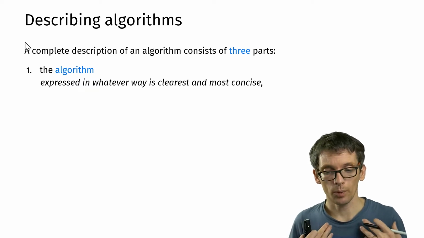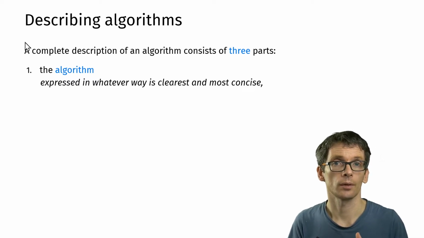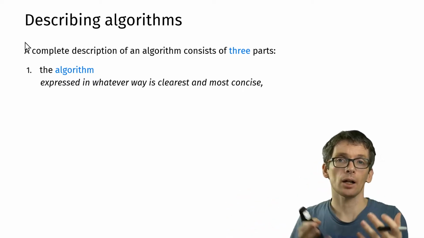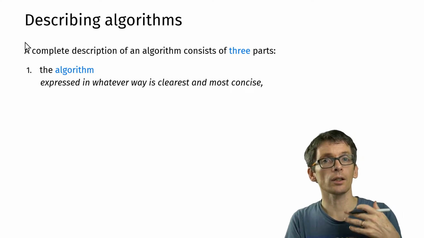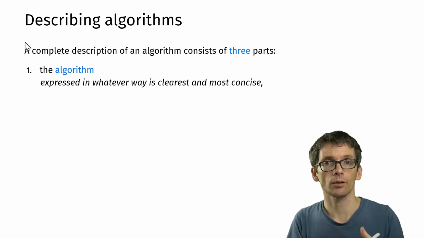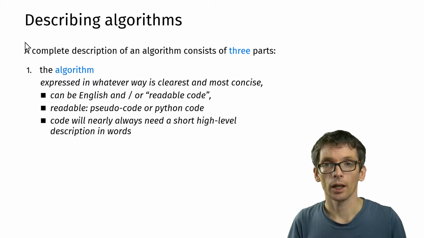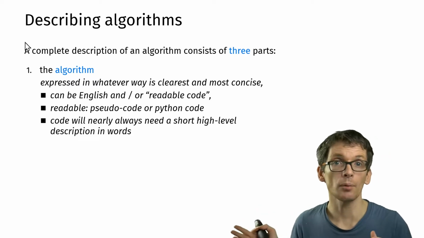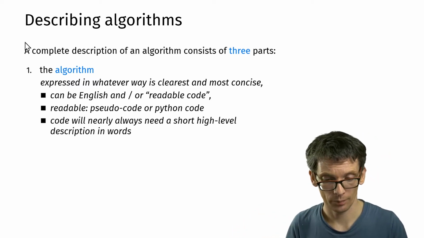The description will be in whatever way is clearest and most concise. In this course, it doesn't have to be an implemented algorithm, so you don't have to give me code. It can be simply a description in English. It can be code, but you have to be careful that it's really readable.